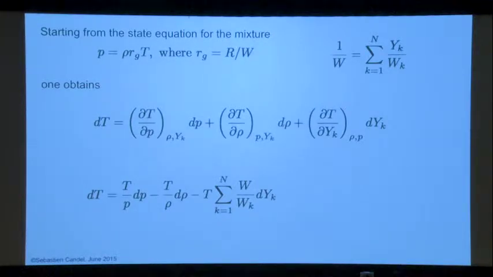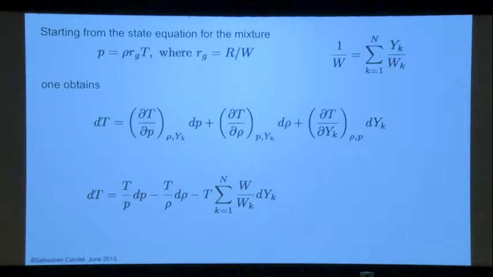You have to take into account now that the gas constant is variable, it changes with W, because this is not a constant in combustion. And you know that the rule to get W, the molar mass, is this one. You have these inverses of the molar masses, and you take the mass fractions. And then you can write the temperature, you can derive something.